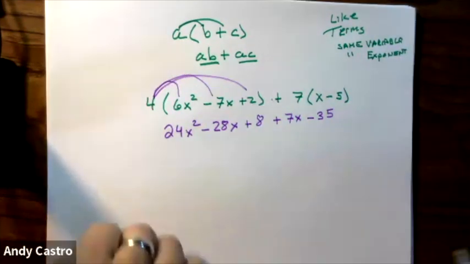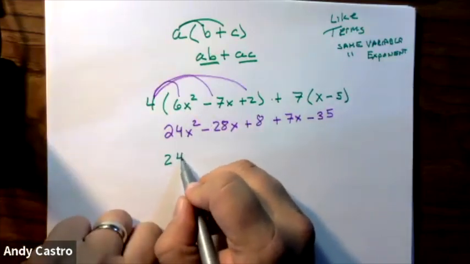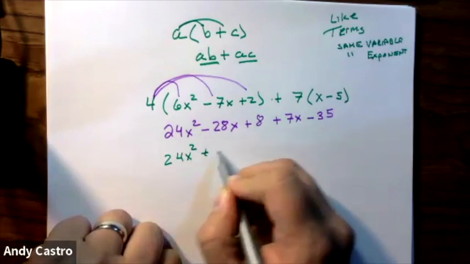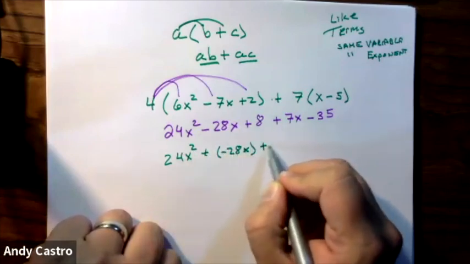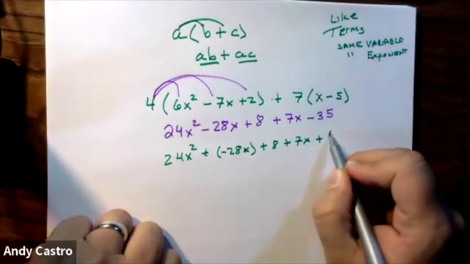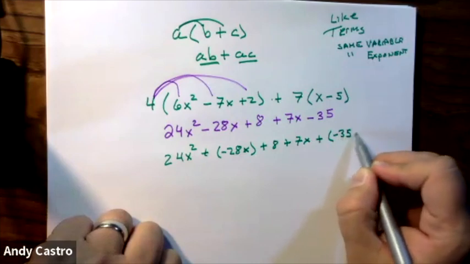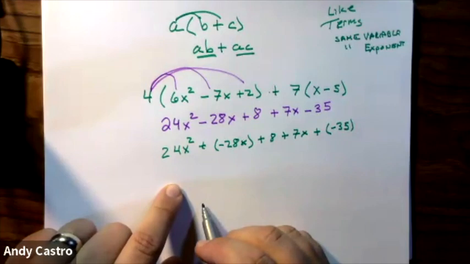I'll go ahead and change all of my subtraction to addition. It's not a bad habit to get into. It's not necessary right now, but it does come in very useful later.